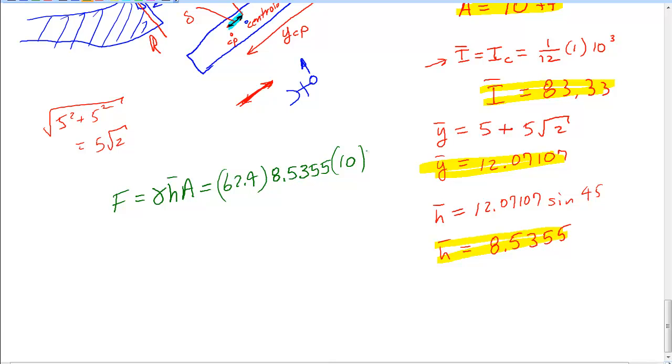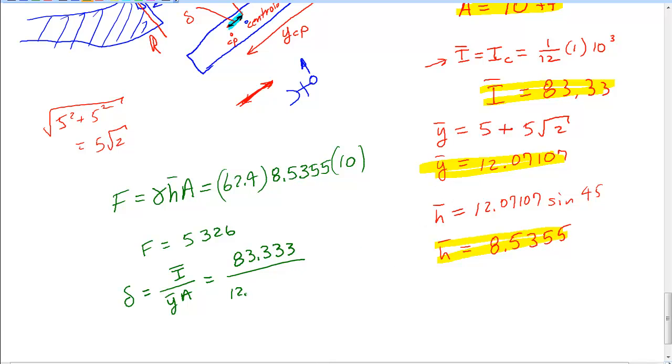Okay, so if you take a look at this, you end up with 5326. So the force is equal to 5326 and change. Now the delta, I bar over y bar area, and I end up with 83.33 and several other 3's.